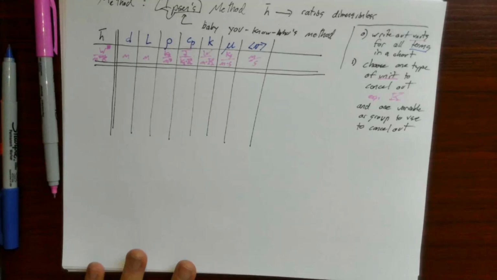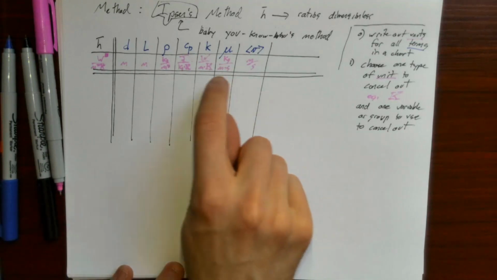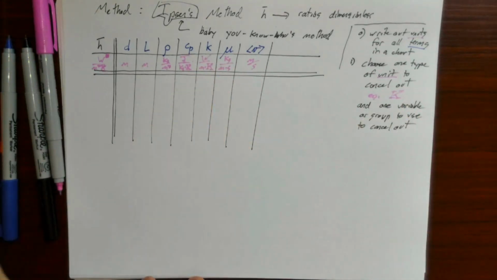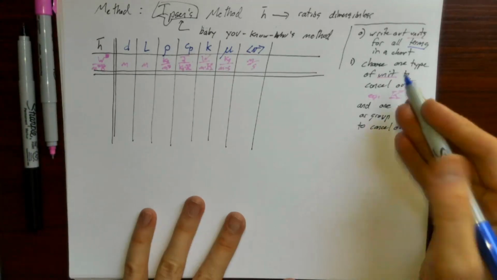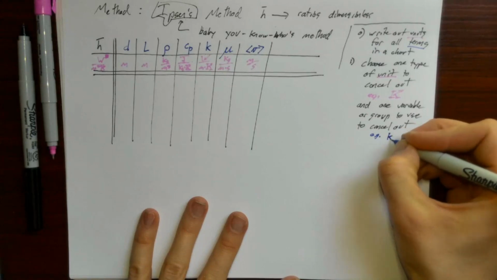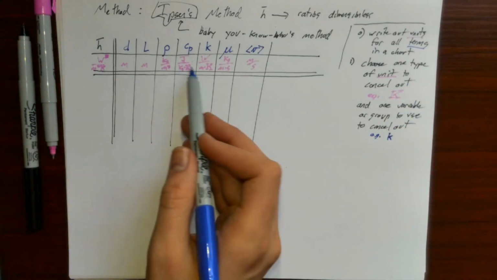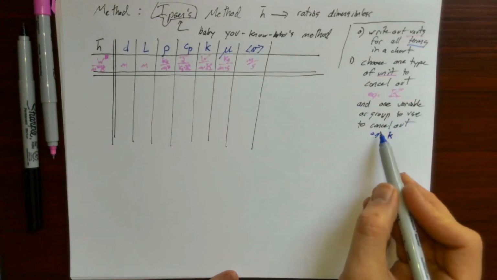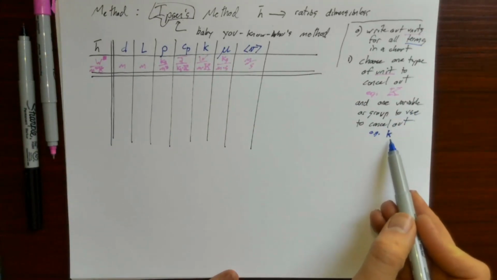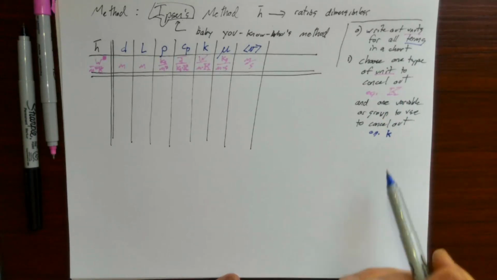For example, if I want to cancel out Kelvin, I could choose to use thermal conductivity. Kelvin appears as a couple of units in a couple of these things, and I could use one variable to cancel it out. So I'm going to try to cancel out Kelvin, and I could basically use thermal conductivity to cancel it out.